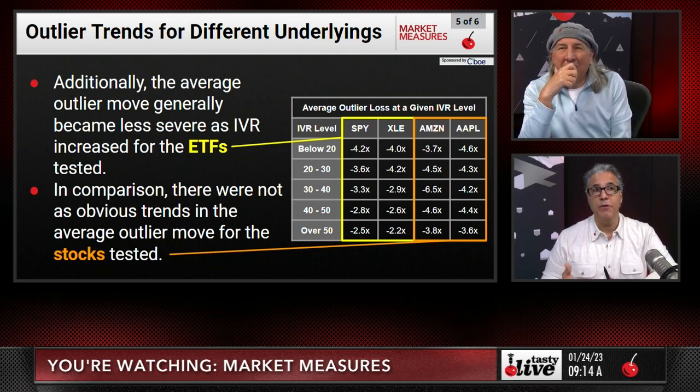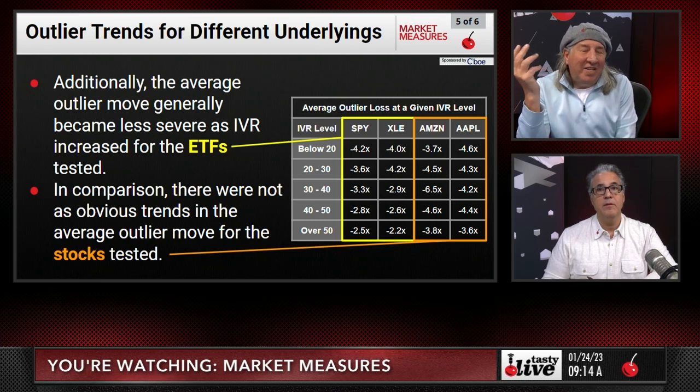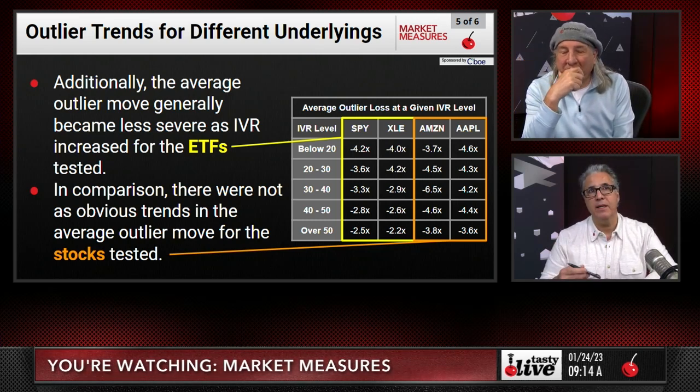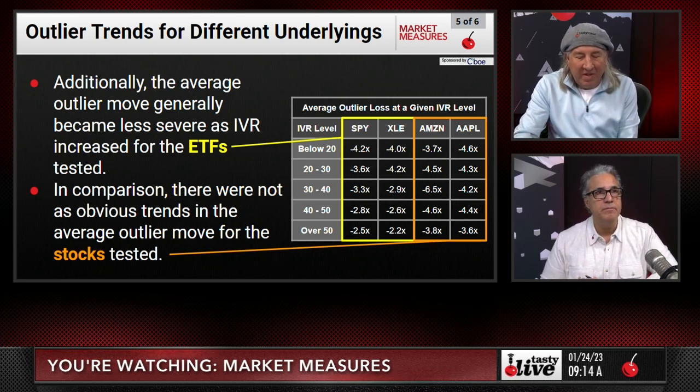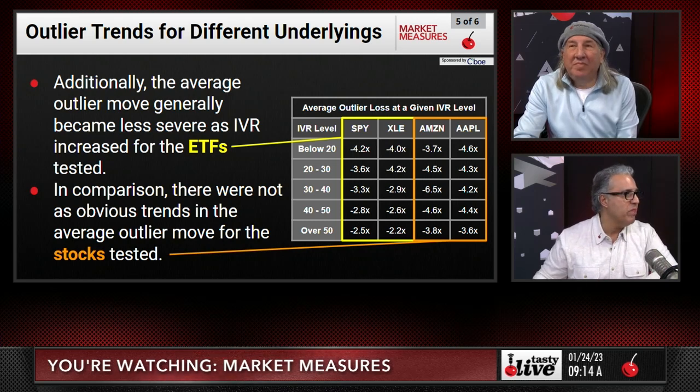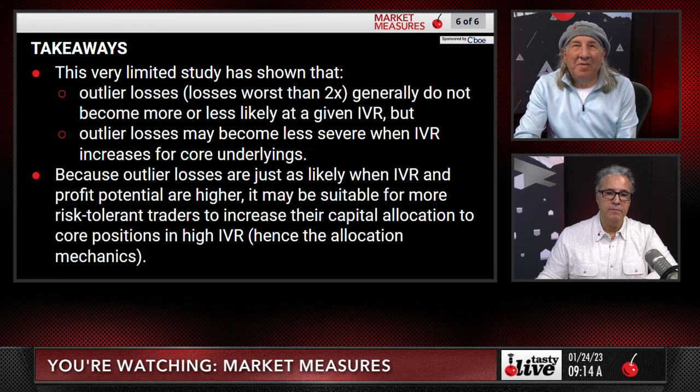If you look at it over 50, it's a diversified index, so it's going to be less. Of course. But even XLE, or Amazon and Apple, are almost the same. You're right. Let's go to the takeaways.